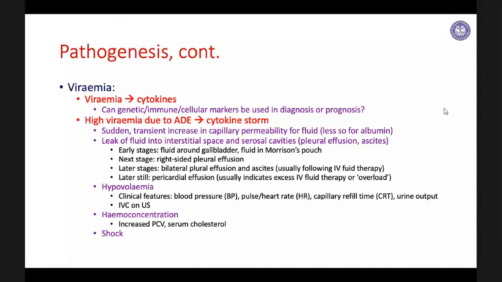So one manifestation of this increased capillary fluid leak is collection of fluids in interstitial spaces and serosal cavities.